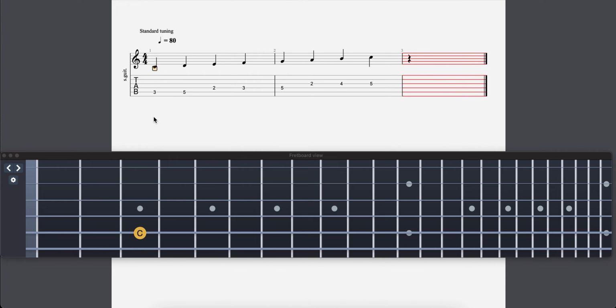So it's only fitting that we would call the C the 1. Basically, you're counting all the way up to 7, and then you end up back on C after 7. So I'm going to count this with the scale. 1, 2, 3, 4, 5, 6, 7, 1.